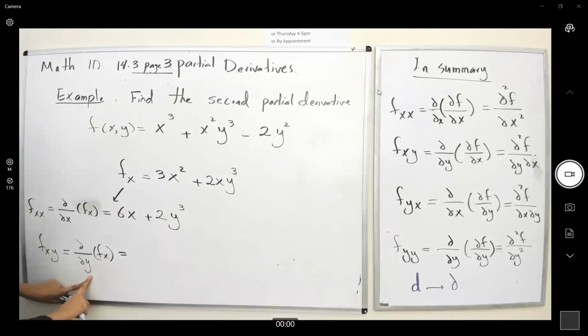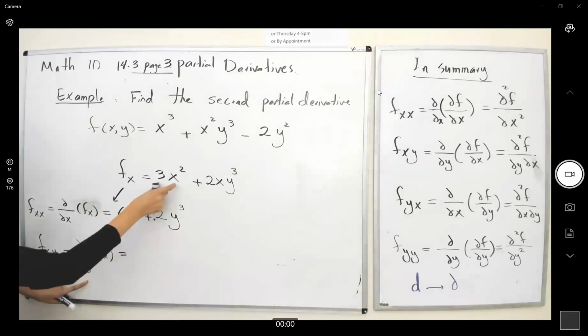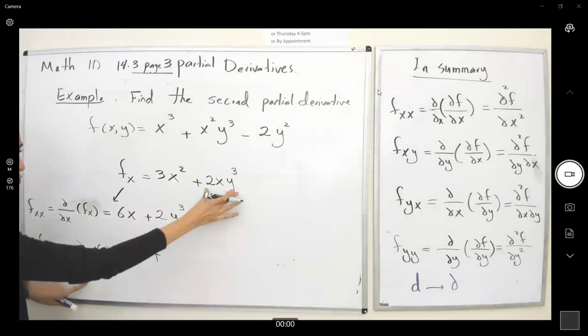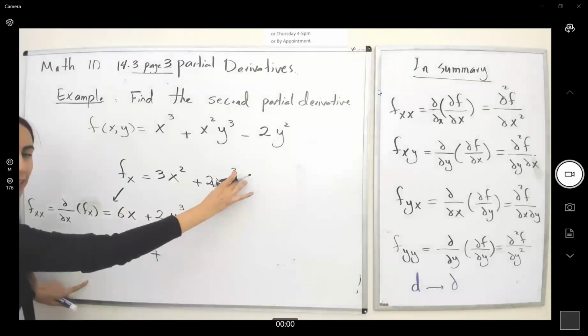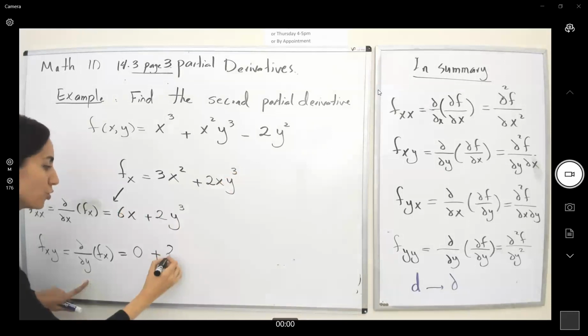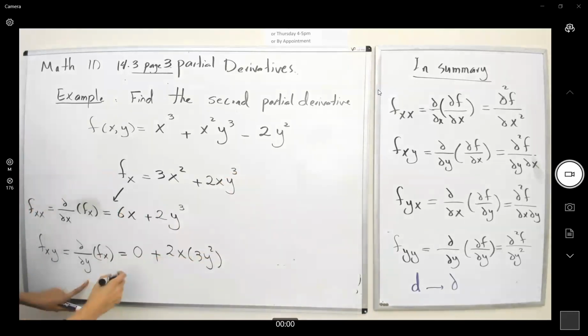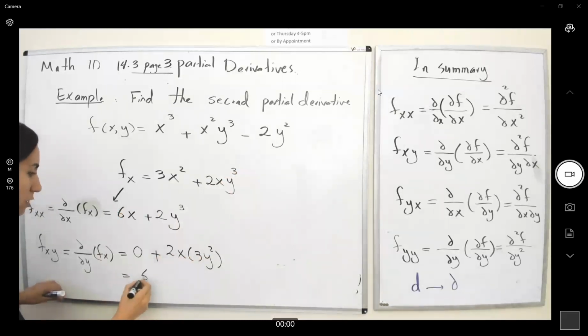It means that your x is a constant. The derivative of 3x squared is 0, plus the derivative of y cubed is 3y squared, so 2x, 3y squared. This is equal to 6x y squared.